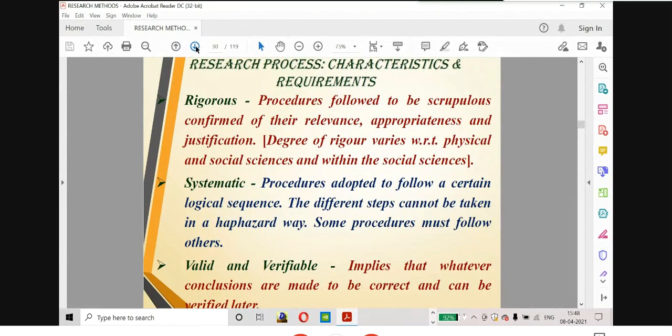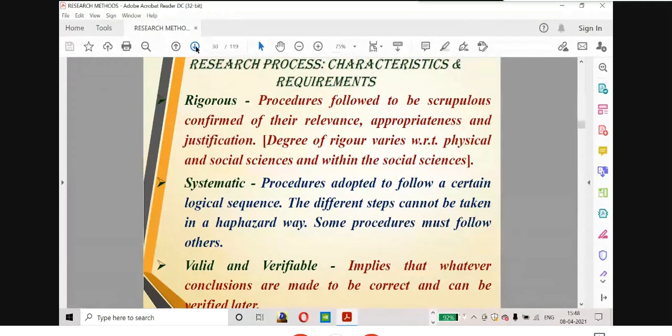You can make certain assumptions, but you cannot take them for granted. You have to establish that the assumption is really valid. So rigorous means procedures followed are scrupulous, confirmed for their relevance, appropriateness, and justification.